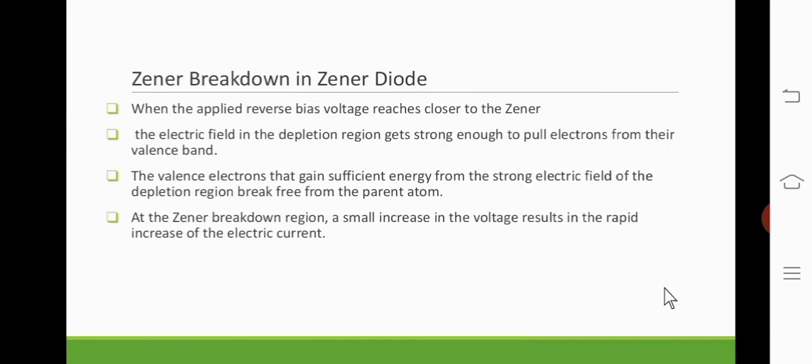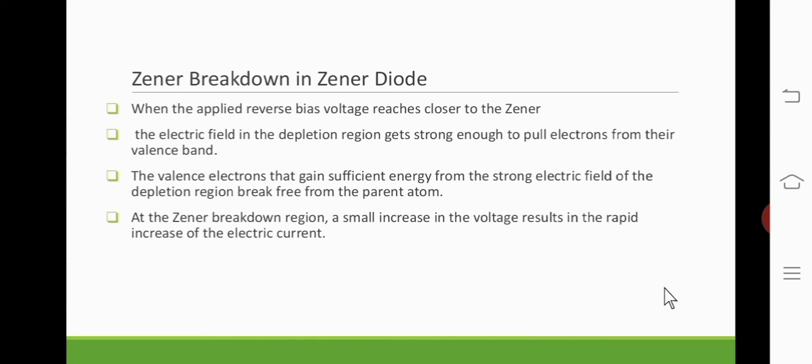Another important point about avalanche breakdown is that this form of breakdown occurs in a junction that is lightly doped, with a wide depletion layer where the electric field is not strong enough to produce the zener breakdown.